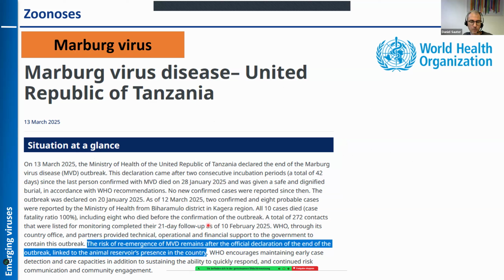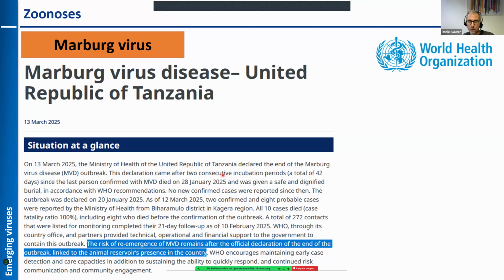What they usually do is wait for 2 incubation periods to see whether there are any new infections. If there are none during a double incubation period, the WHO declares an outbreak as ended. However, they also nicely write here that the risk of reemergence of Marburg virus remains after the end of the outbreak, linked to the animal reservoir's persistence in the country.